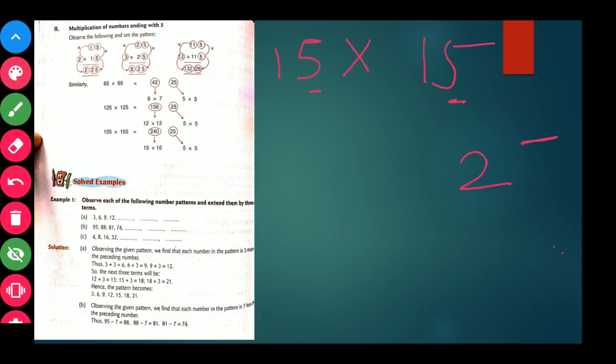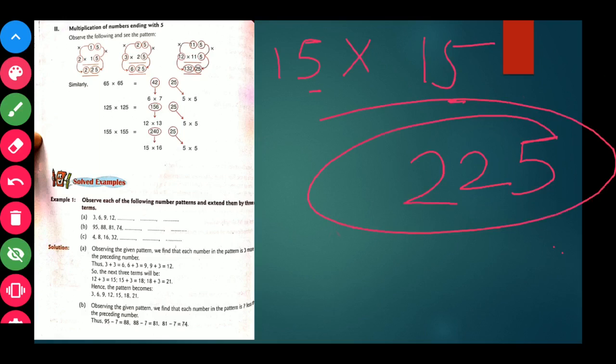Now which number is left? 1. So multiply the left number with the next consecutive number, and the next consecutive number of 1 is 2. So multiply 1 by 2 and you will get the answer 2. We write the product on the left side of the 25, and the answer will be 225.